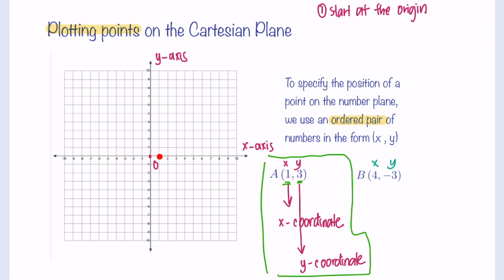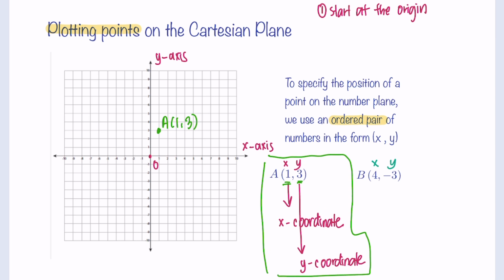Then I need to be moving upwards along the y 3 steps. I'm not moving downwards because this is a positive y. So I'm still on the 1 on the x, and I need to be moving 3 up. Now, here is my final destination, and so I need to be plotting right here. So here is point A, and point A is (1, 3).